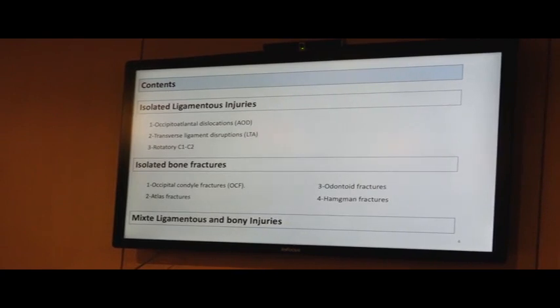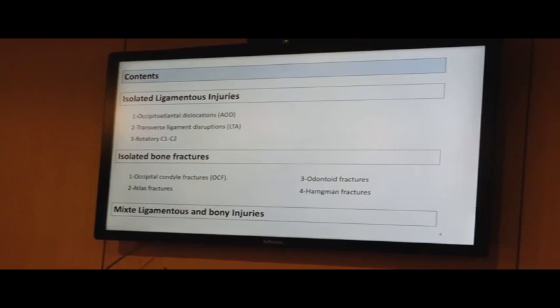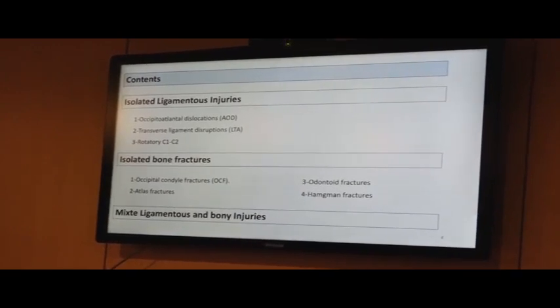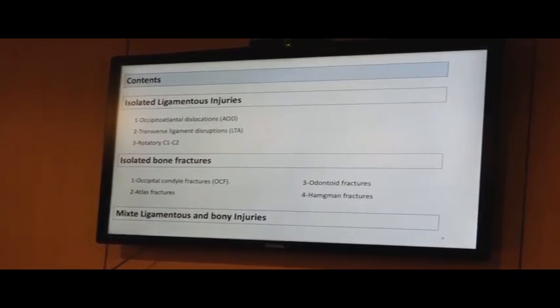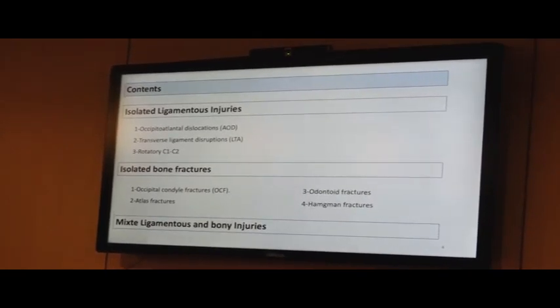Referring to the classification, we will adopt the following plan. First, we see the isolated ligamentous injuries, after that isolated bone fracture, and we finish with ligamentous and bony injuries.